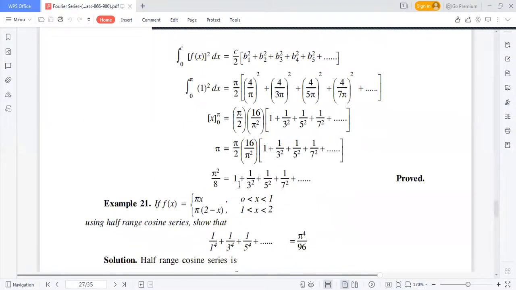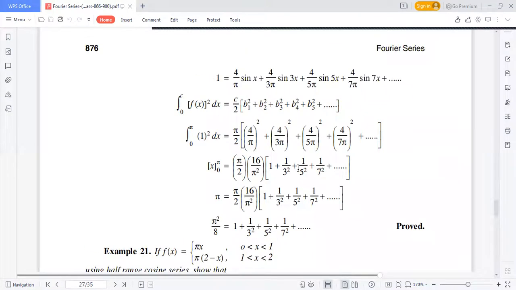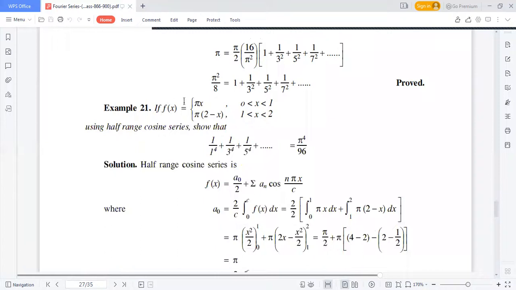And pi square by 8 equals 1 by 1 square plus 1 by 3 square plus 1 by 5 square plus 1 by 7 square. Similar example. 21 also homework for you. If f of x equals pi x, where x lies between 0 to 1, and pi into 2 minus x, where x lies between 1 to 2. That means piecewise function. For this piecewise function, we have to use half range cosine series.